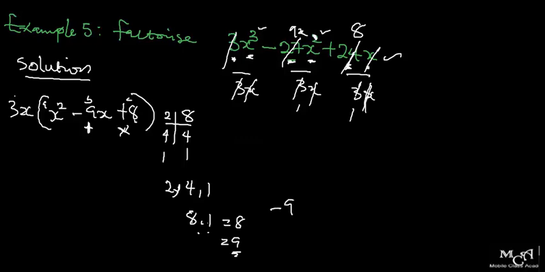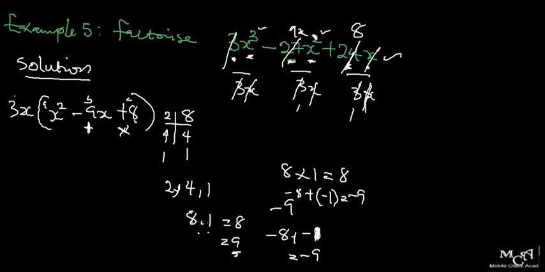So what will give me minus 9 is minus 8 and minus 1. So minus 8 plus minus 1 will give me minus 9. So I have the value for my 8. 8 times 1 will give me 8. Minus 8 plus minus 1 will give me minus 9. So let's use minus 8 and minus 1 to replace minus 9.